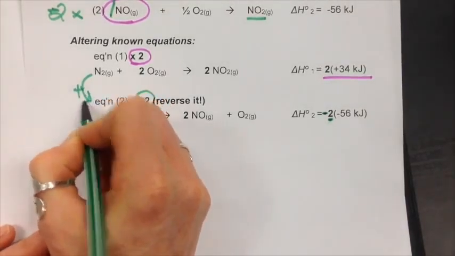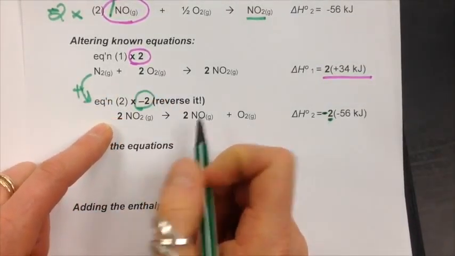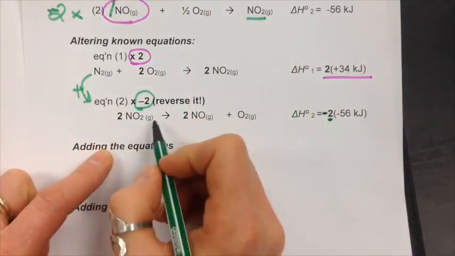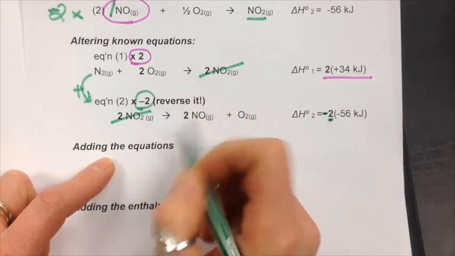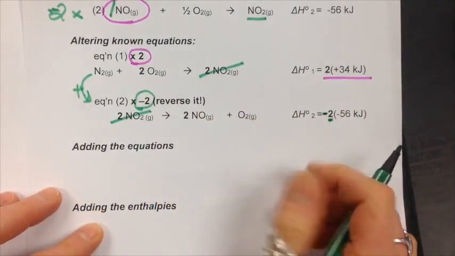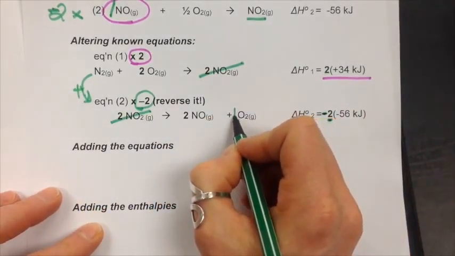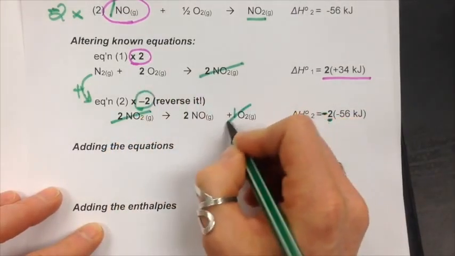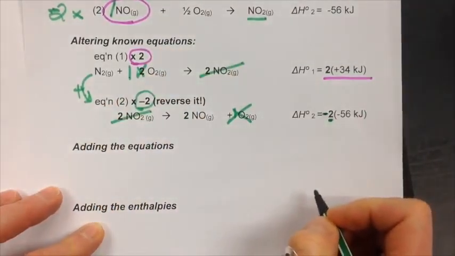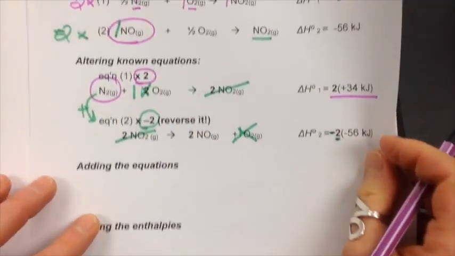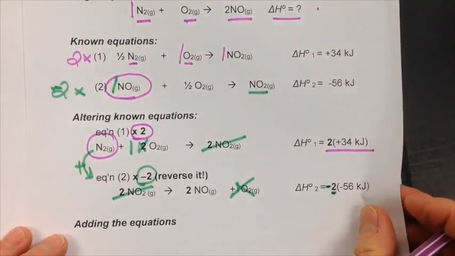We're going to add them. So first things first, we take a look at what's going to cancel. We have 2 of those and 2 of those on either side of the reaction. They will cancel out. Now, I only have 1 oxygen here. I have 2 there. So this will cancel out, and 1 of those will cancel out, leaving me with 1. So now what I can consider is what is left over. Well, there's my nitrogen. I'm going to move this up so you can see my target.